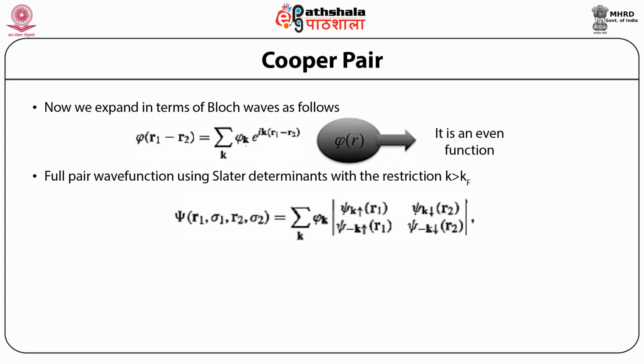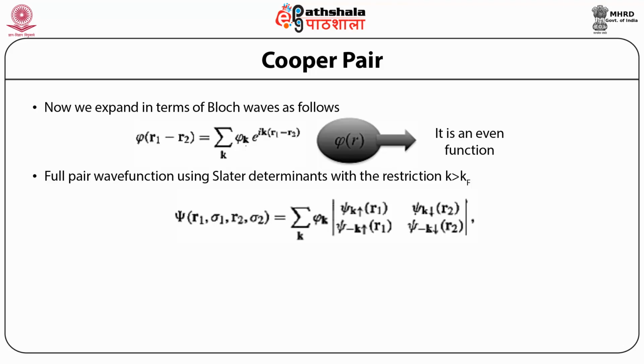The diagonal elements are the wave function with vector k in coordinate space r1, that is this electron with up spin, and the other diagonal element is the electron at r2 coordinate, down spin with momentum minus k.